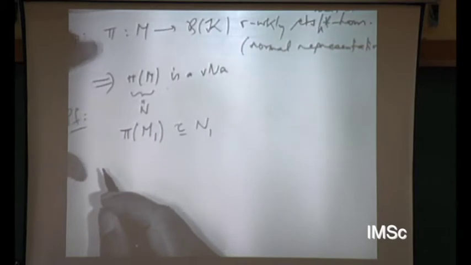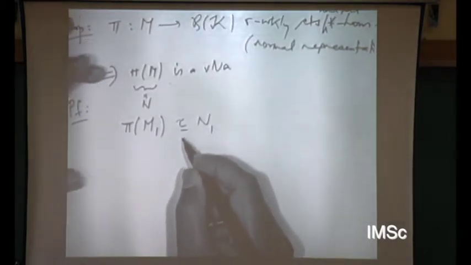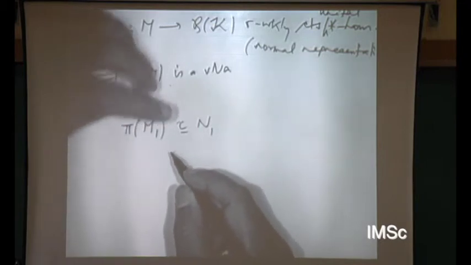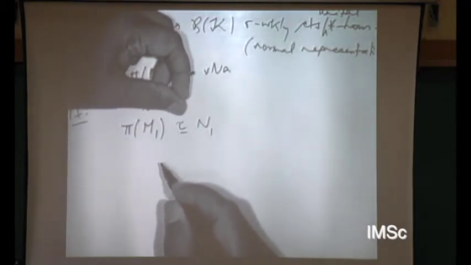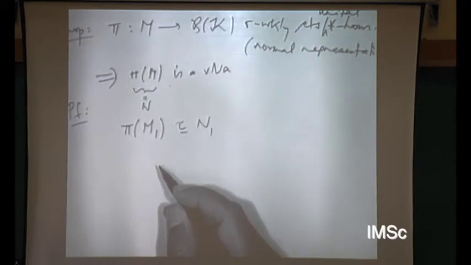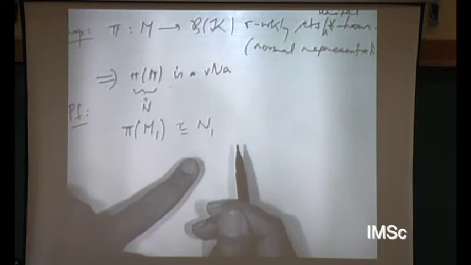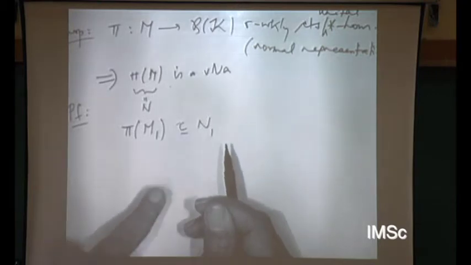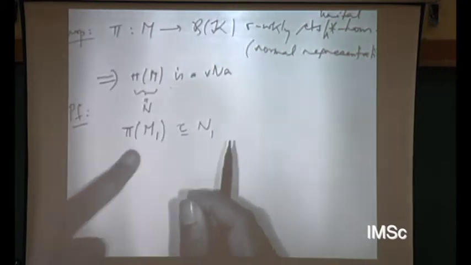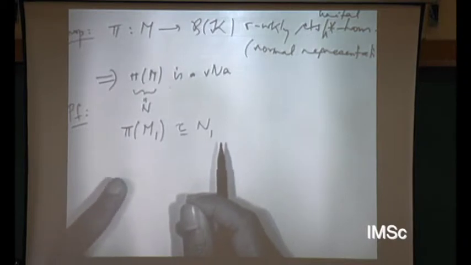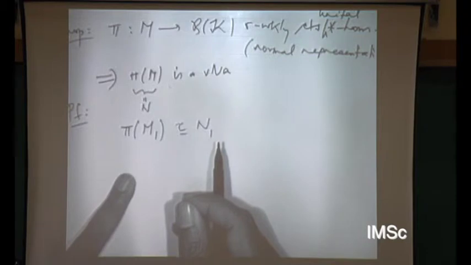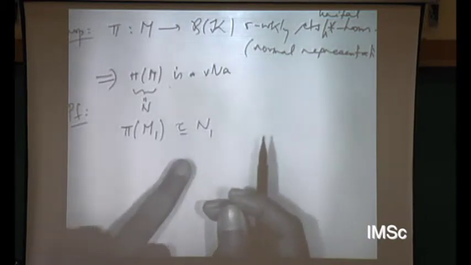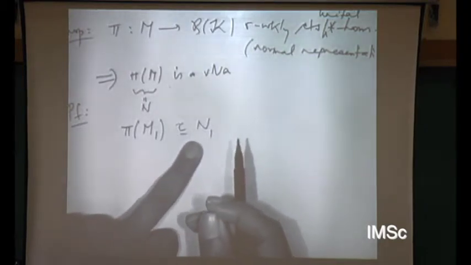So our goal is to prove the reverse. If I prove the reverse, it will show that the unit ball of N, being a sigma weakly continuous image of a sigma weakly compact set, is sigma weakly compact.